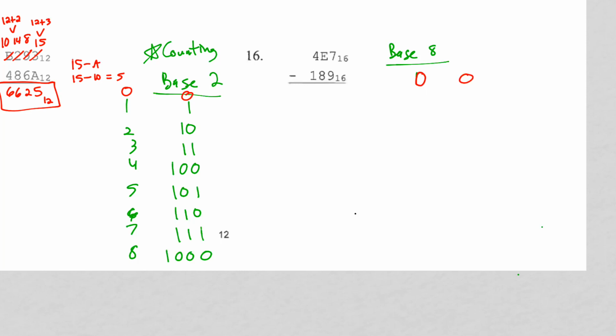And then you can start counting things. So 1, 2, and so on. So we make our first group of 8, and we keep going, et cetera.